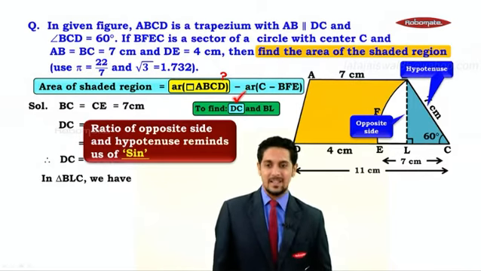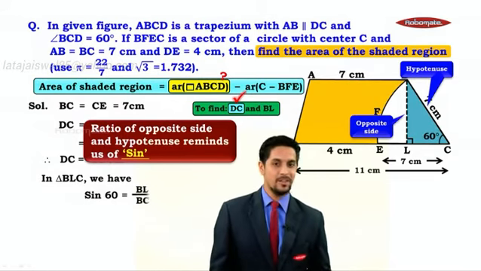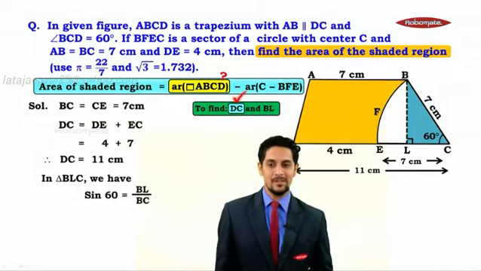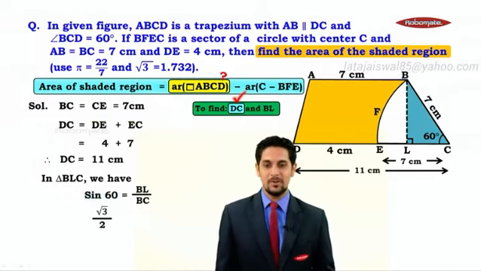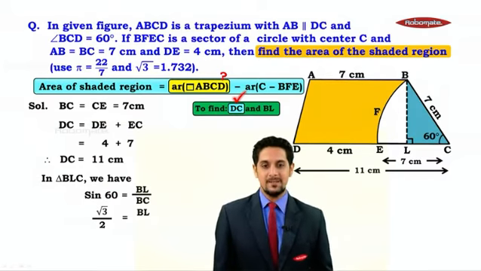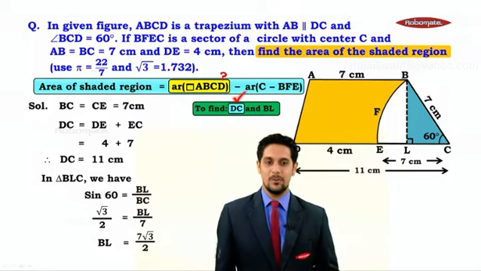So we can write in the triangle BLC, sine 60 will be equal to opposite side upon hypotenuse, which is equal to BL upon BC. The value of sine 60 is root 3 upon 2 is equal to BL, which we are finding, upon BC, which is 7. On cross multiplication, we get the value of BL is equal to 7 root 3 upon 2.